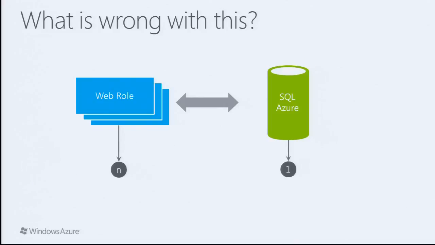Well, if we've got n of those web instances, as another clue, we all get how to scale out websites, right? We take the web server and we duplicate the web server. We build a web farm. In Windows Azure, we can do this really easily by deploying more web instances. But then it comes to the database, and it seems our total strategy for database scaling is to add more stuff to the database.